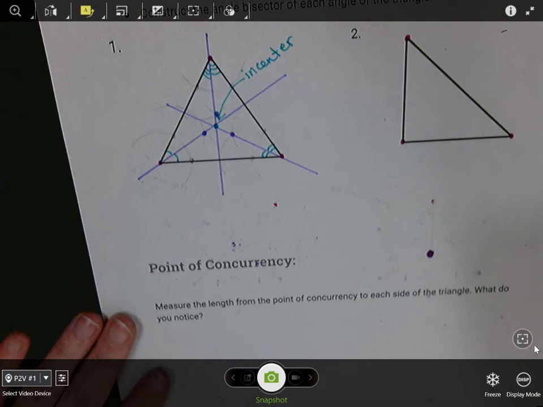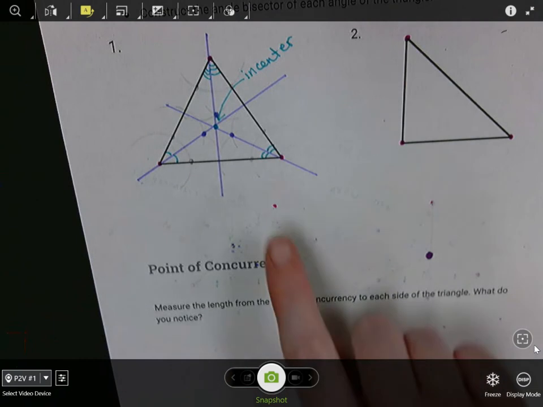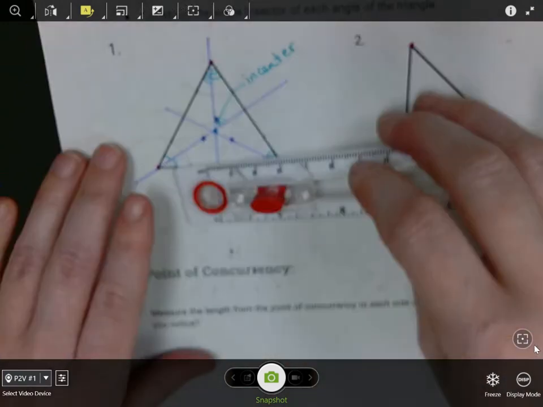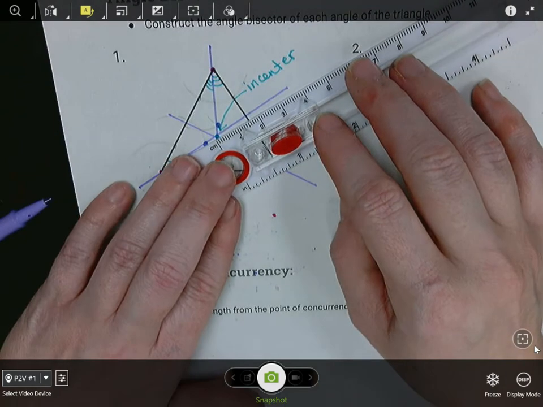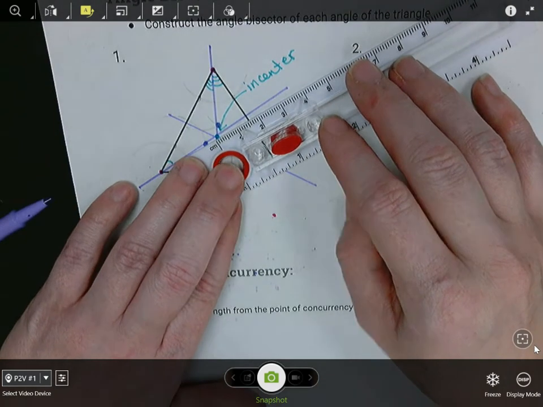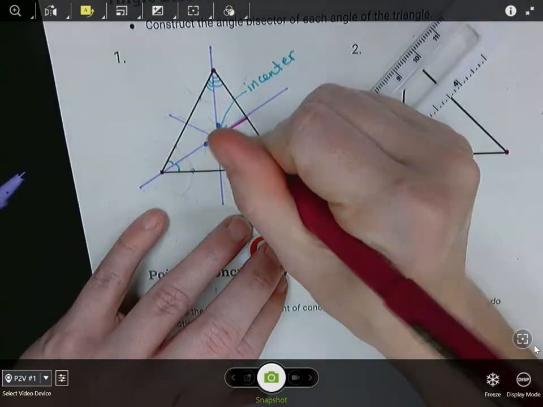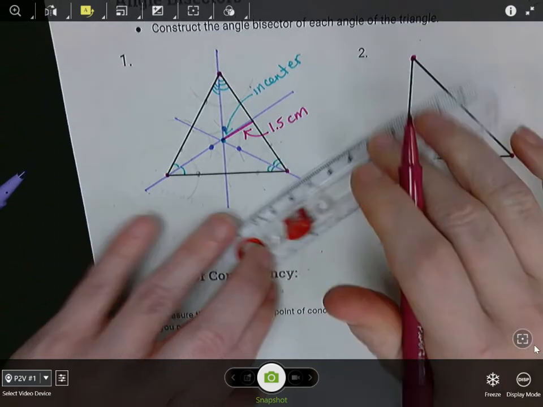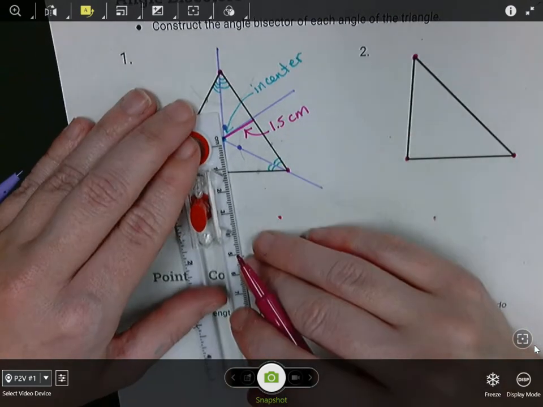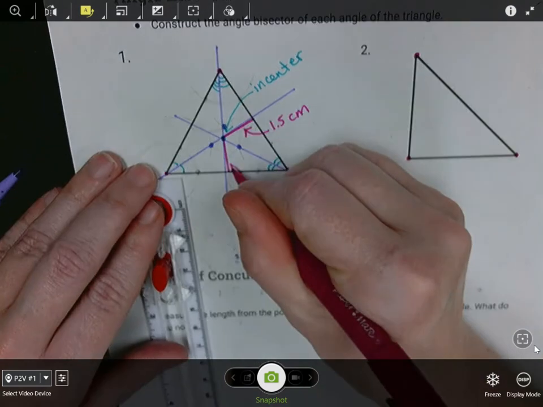The incenter. Okay. And something special about the incenter, if you were to measure from the incenter to the side of the triangle, that's about 1.5 centimeters. So from here to here, that's 1.5 centimeters. And then if I were to measure it to this side of the triangle, that's also 1.5 centimeters.